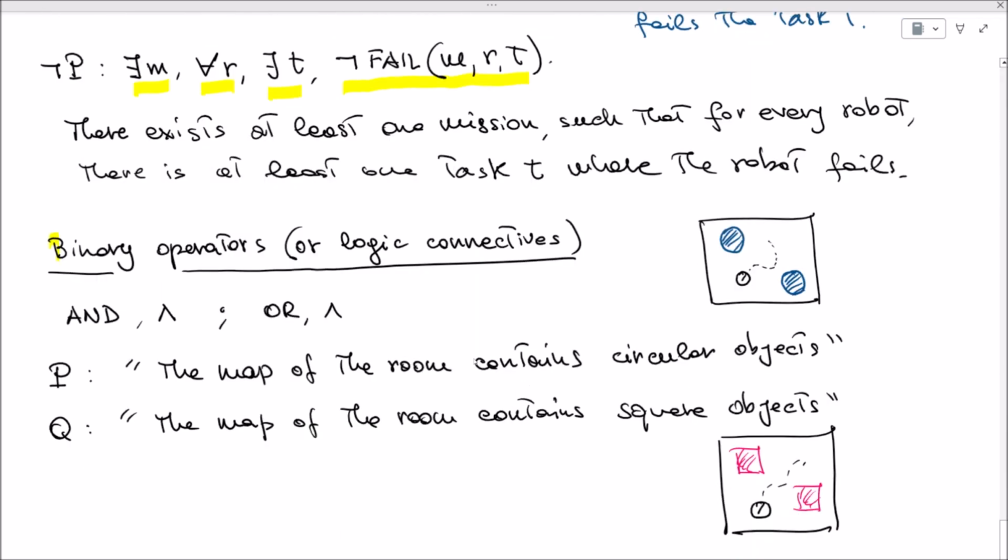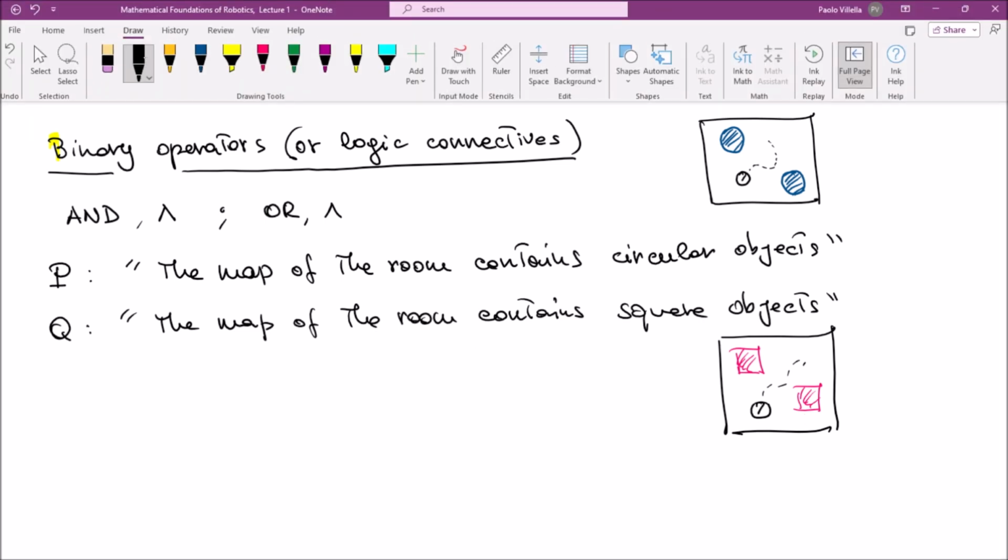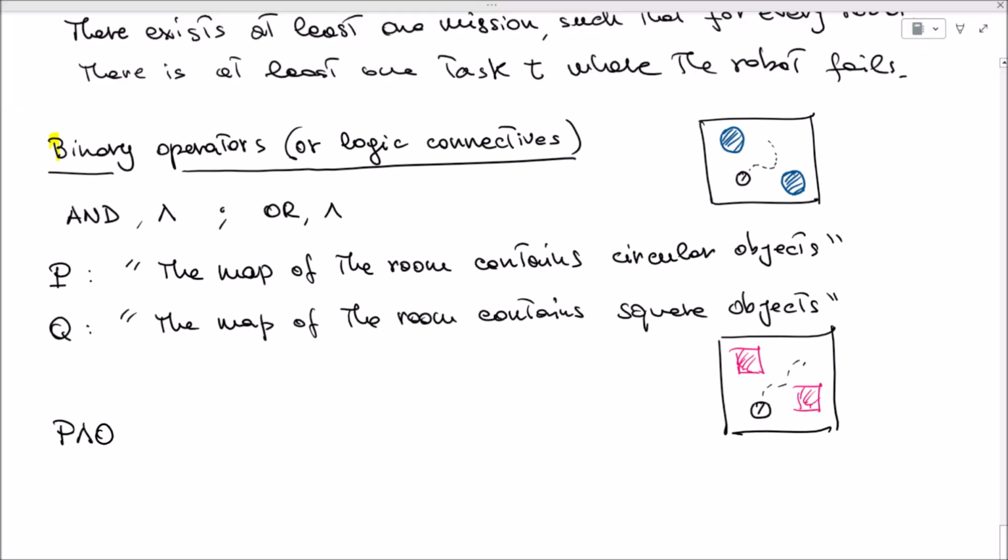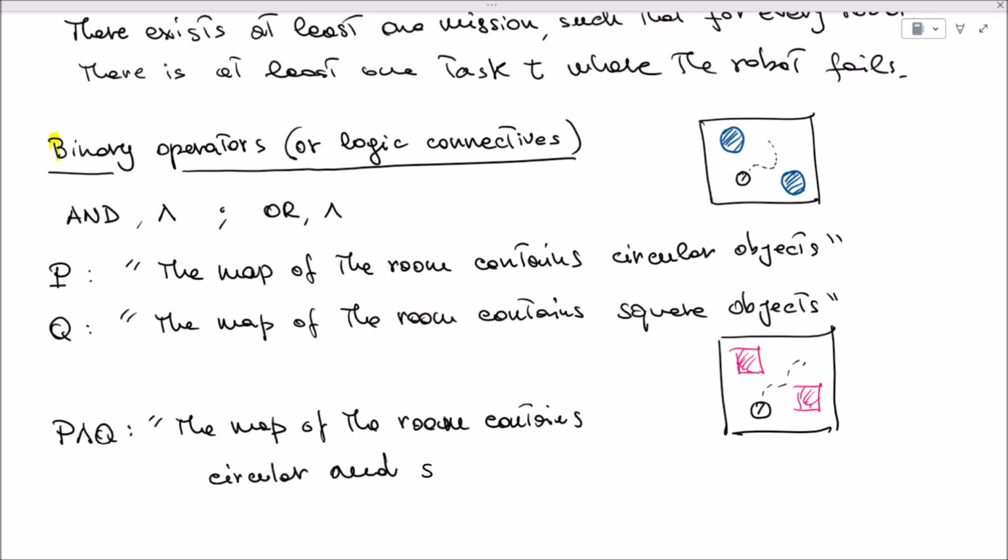What will be the new proposition P and Q? The map of the room contains circular and square objects. In other words, the situation which is described by the proposition P and Q is the following.